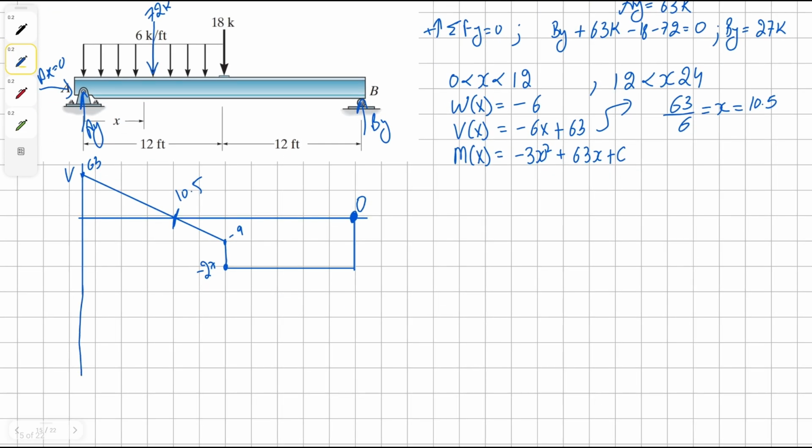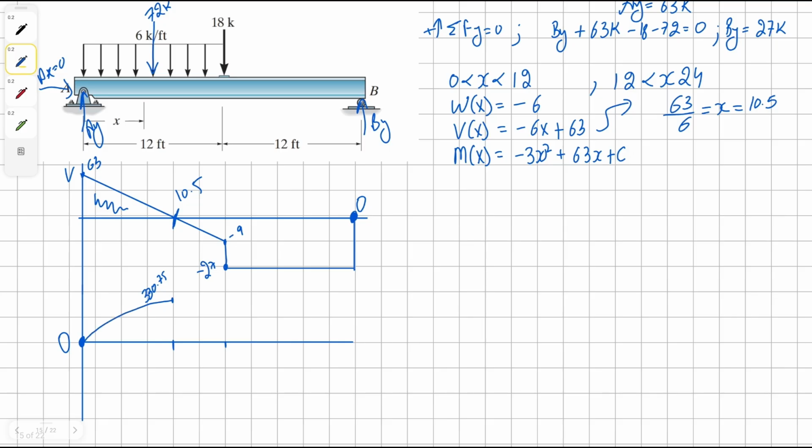Now we can draw our moment diagram. Our moment diagram starts at 0 till 10.5. We're going to have to use this area, which is basically 0.5 times 63 times 10.5. And we get our value to be 330.75. And it's going to be a second order curve.